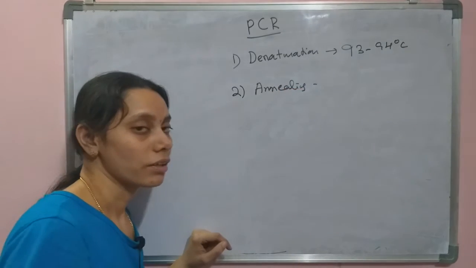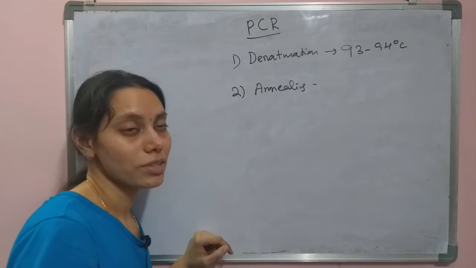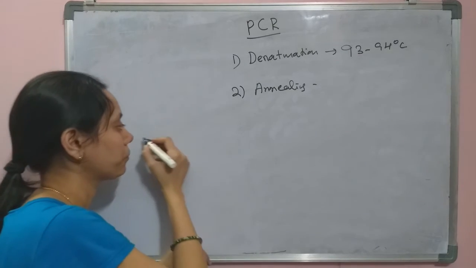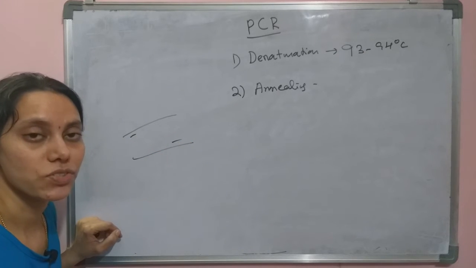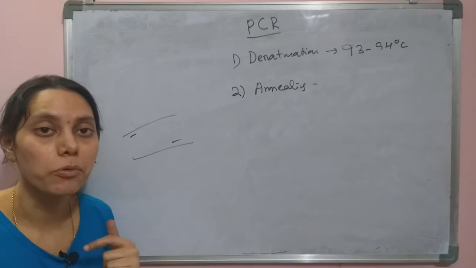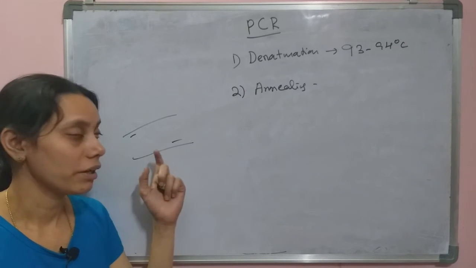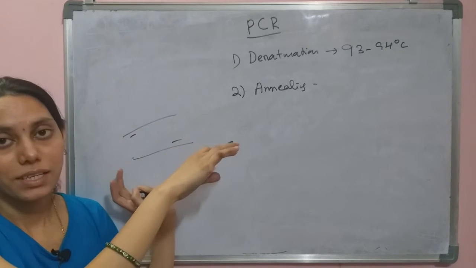So annealing is nothing but the process of binding of a primer to the complementary sequence. Generally, primers in the solution reaction mixture will follow Brownian movements to go and hit randomly with all the DNA sequences.